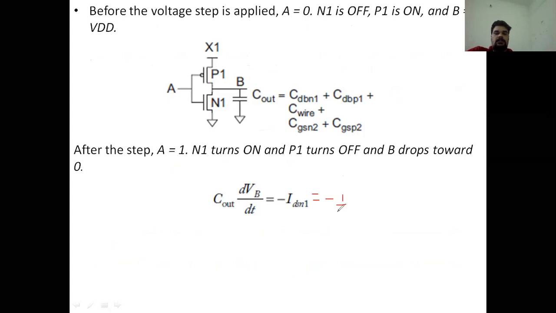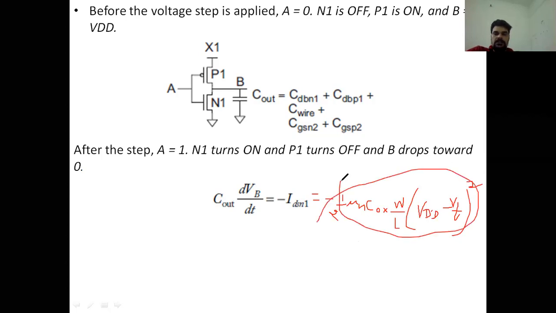That is equal to half mu n COX W upon L, VGS, which is nothing but VDD minus VT, whole square. Okay. So as you can see, these all terms are constant. So I can replace it by some constant k.